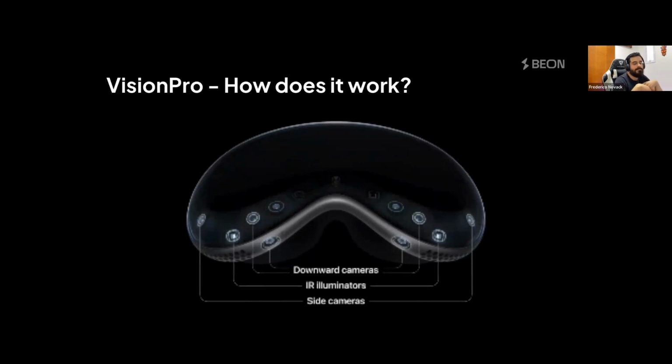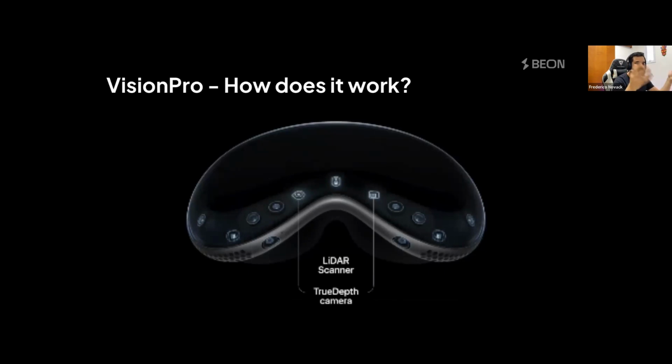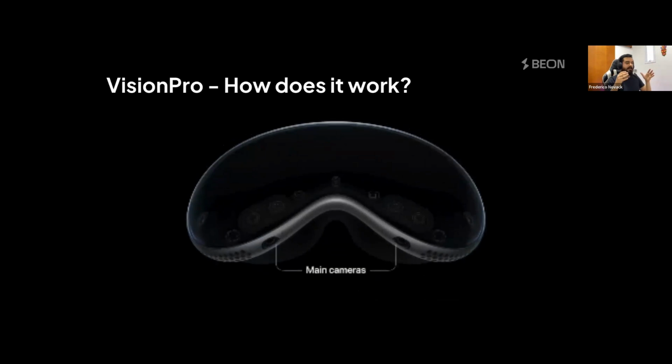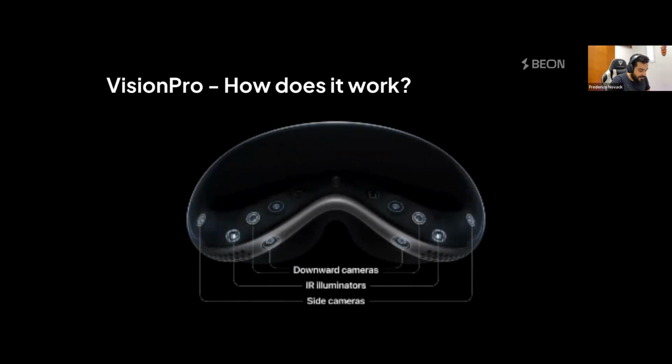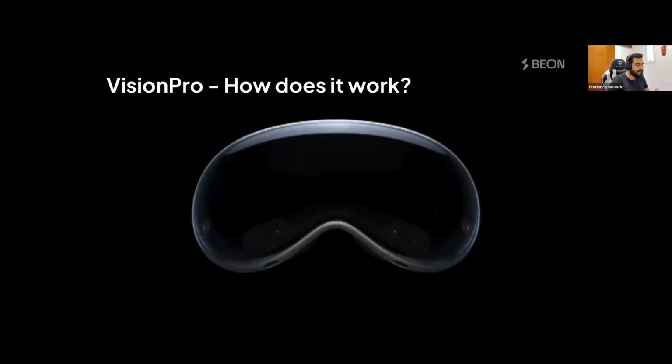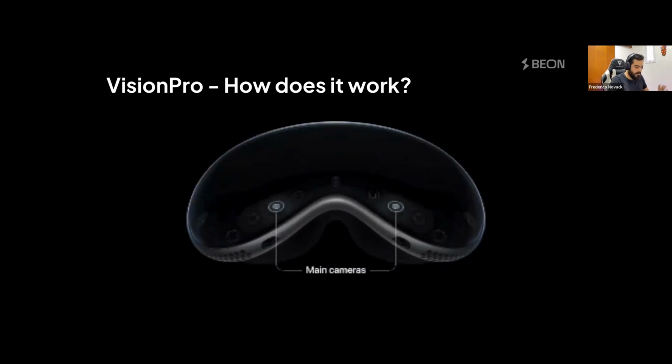There are a bunch of other sensors, two infrareds for each eye, a lot of infrareds to understand the world, and the LiDAR scanner, which is one of the best technologies in my opinion, which is light detection and ranging. So it can measure distance, it can measure light effects, just really awesome.